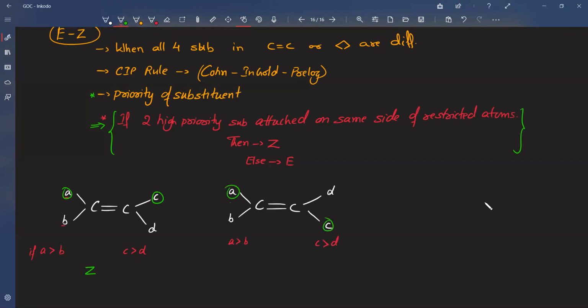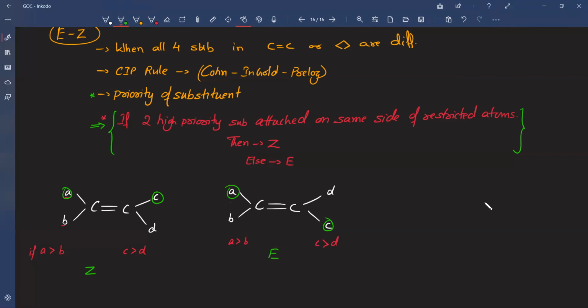Now the higher priority substituents are on the opposite side, so this configuration will be called E configuration. Is it clear? That is what E and Z configuration is.